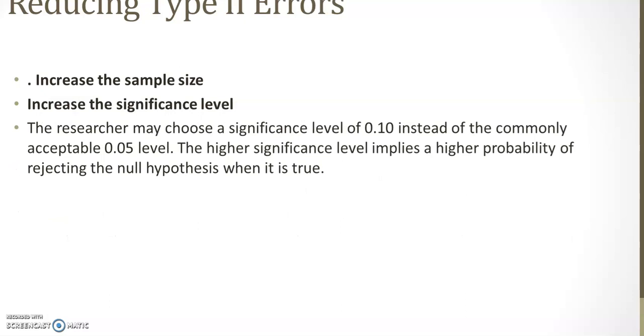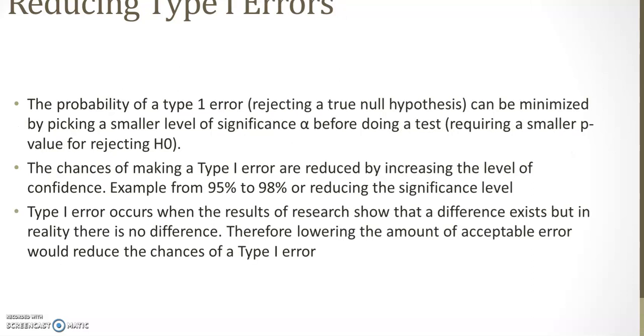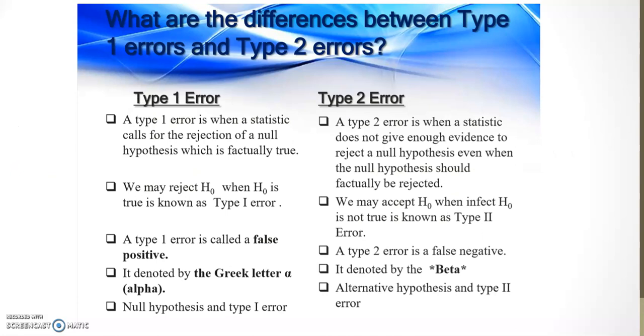Next, type 2 error. When the researcher increases the sample size, he can reduce type 2 error, or increase the significance level. Through this, the researcher can reduce type 2 error. Now, we see the difference between type 1 error and type 2 error.